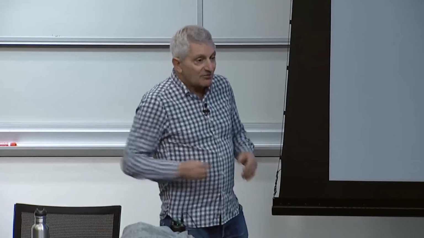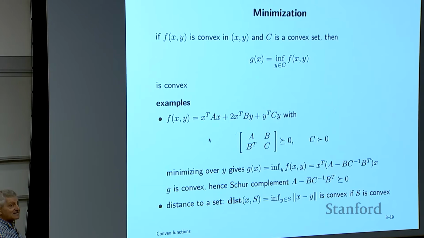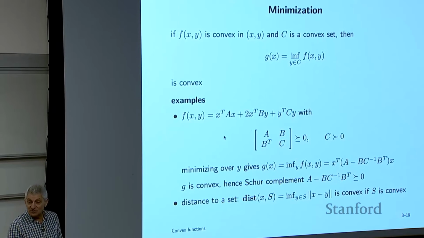Right. So first, remember that if I have a function of two variables, and I take the maximum over one of the variables. Before we did that, it was the supremum over y. And the fact is, y didn't even have to be a vector. It could be anything at all. But if you take the maximum of f of x,y, where f is convex in x for each y, it is convex.